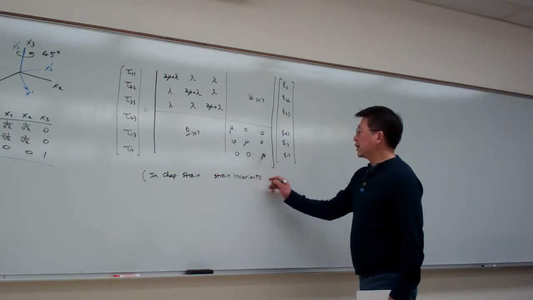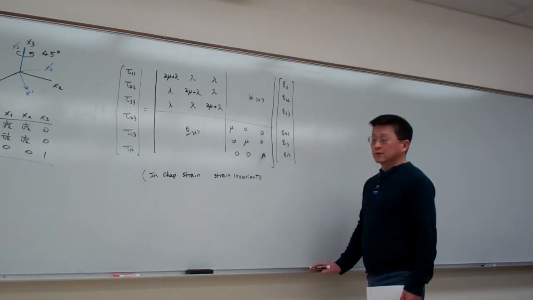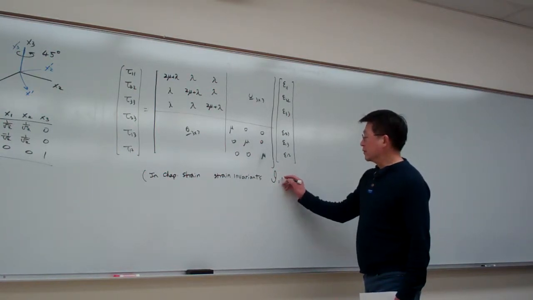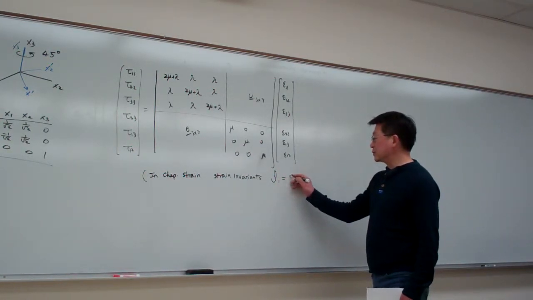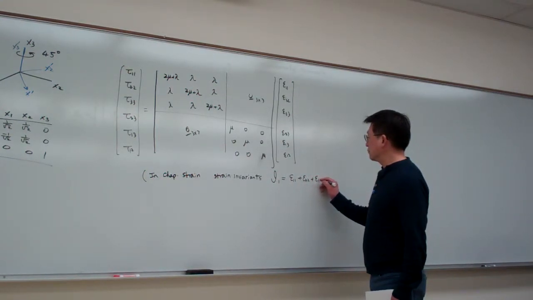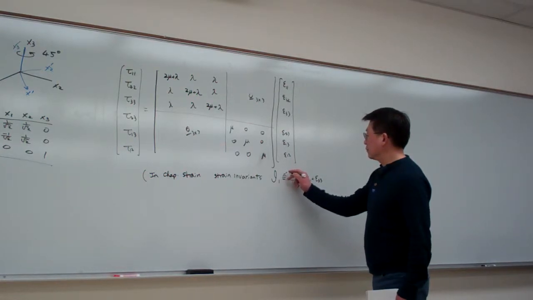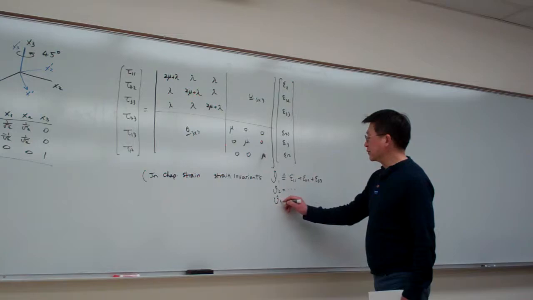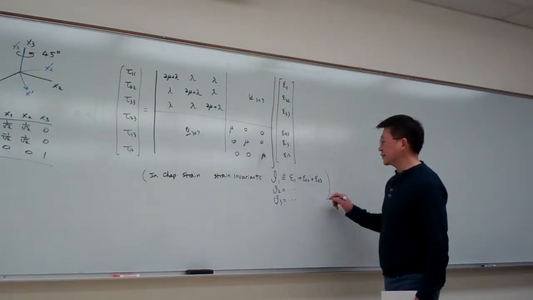We have three strain invariants. The first one, I use I1, and that one basically is a summation of the normal strain. And we have I2 equal to something, and we have I3, right? Refer to our lecture notes there.